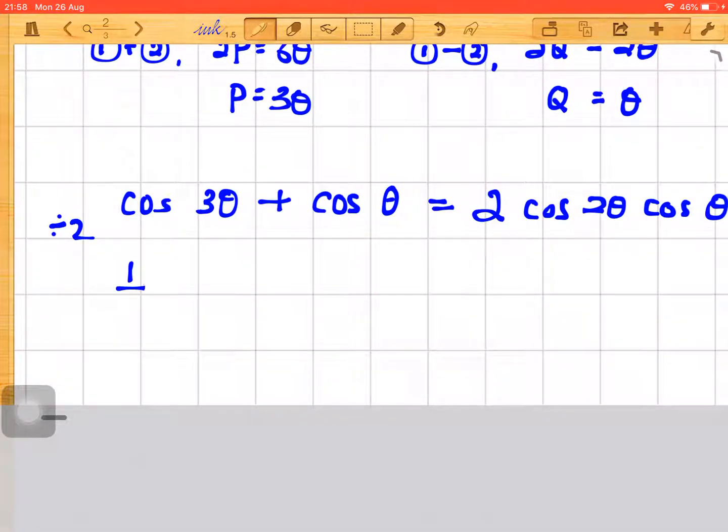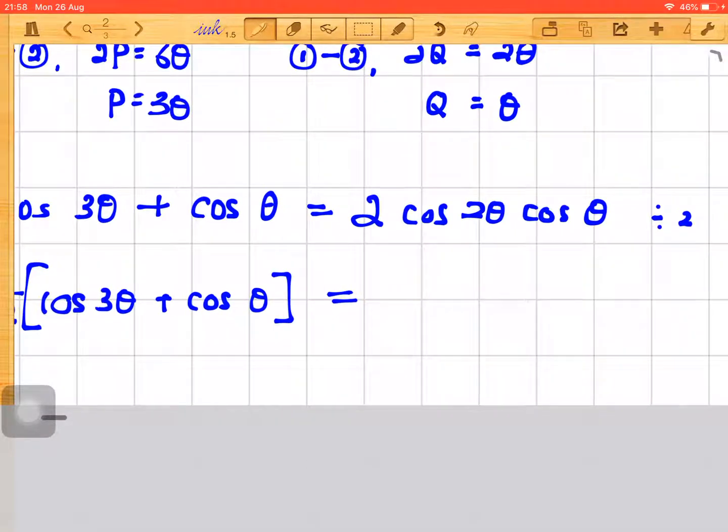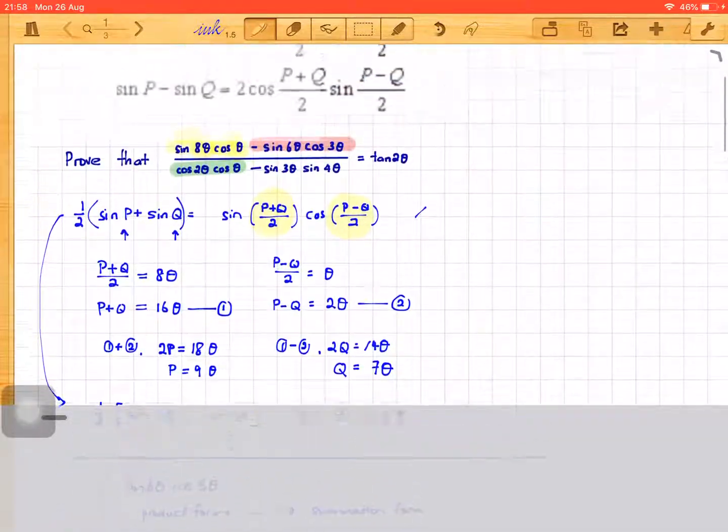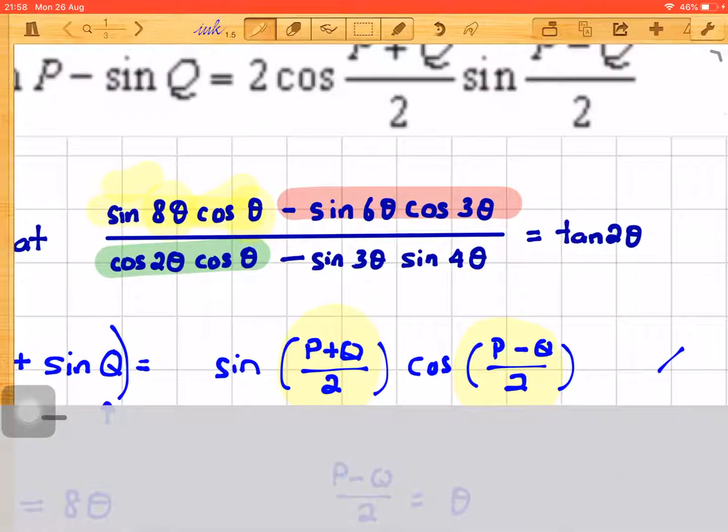You have 1 over 2, big bracket, cos 3 theta plus cos theta, equals cos 2 theta cos theta. So far, this is the question, and we have found 3 of them.